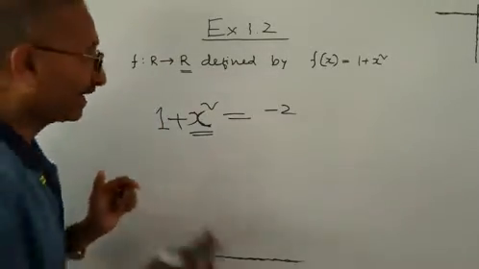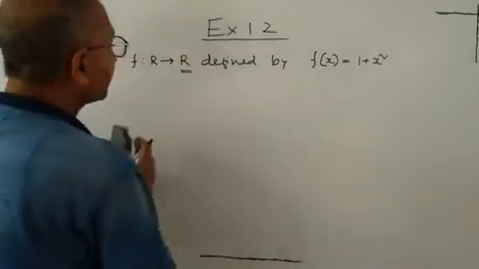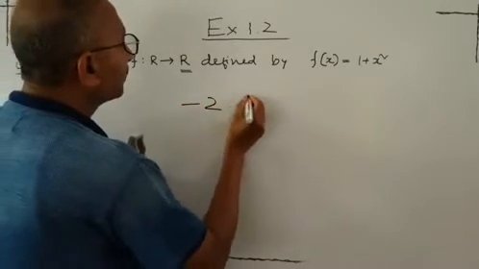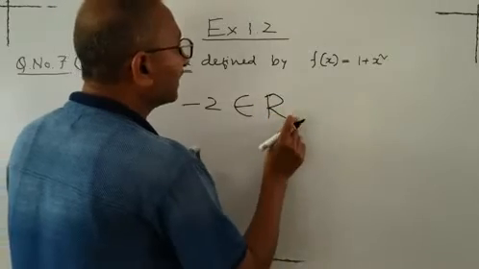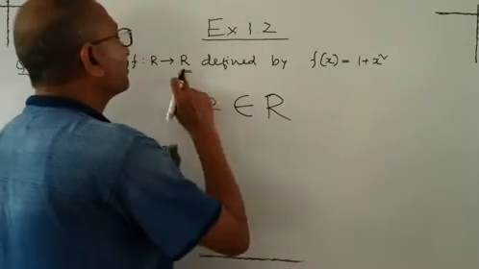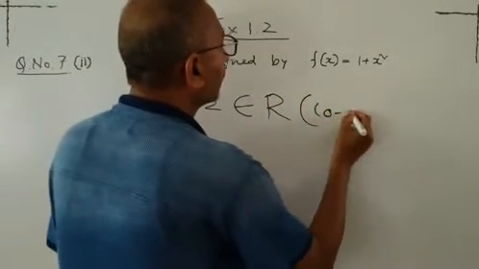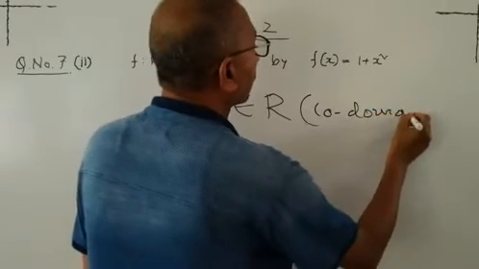But how to write this? I can write it in this way: minus 2 belongs to R. Don't write only R, it is confusing, so I'll write codomain.